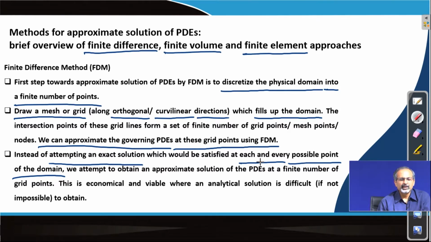However, the moment I use an approximate approach, I may not have the solution available at each and every point of the domain. I will have them available only at the points which I have defined for myself, where this approximation exercise will be carried out. So, I will have the solution available only at these so called grid points.